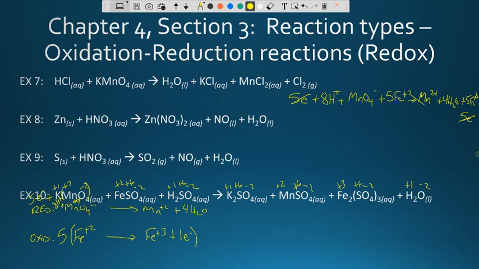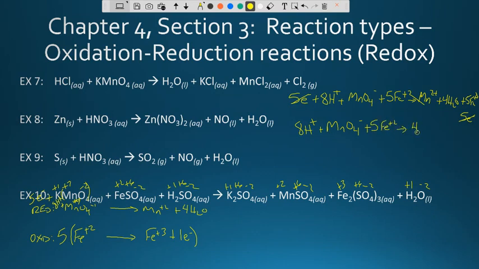I see I have 8 hydrogens there. And off of all of this, I end up with 8 hydrogen ions plus my permanganate plus my 5 irons.